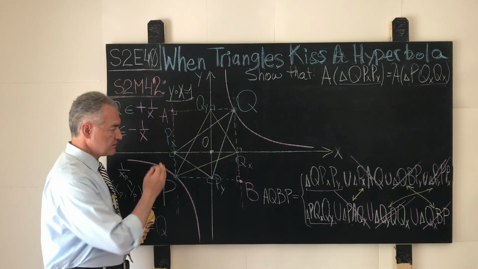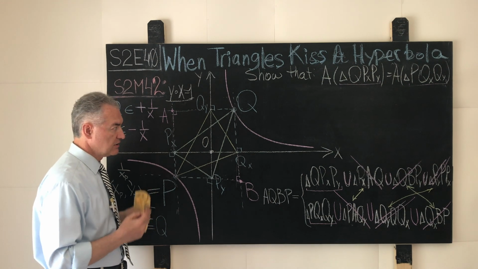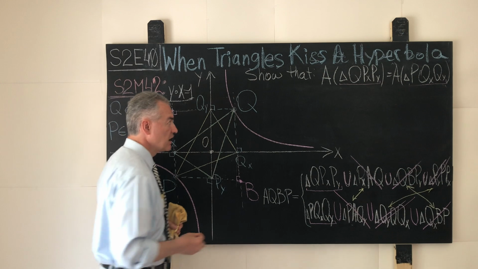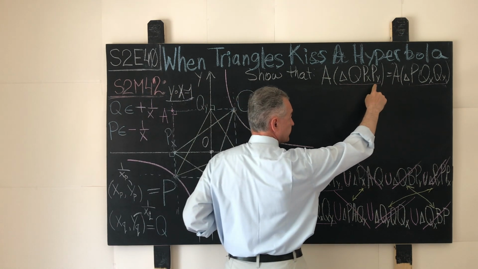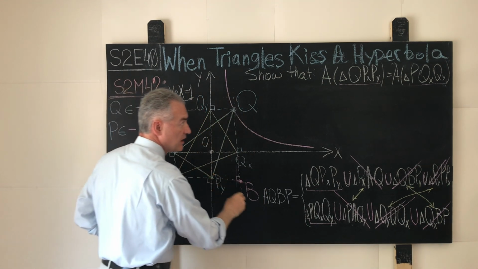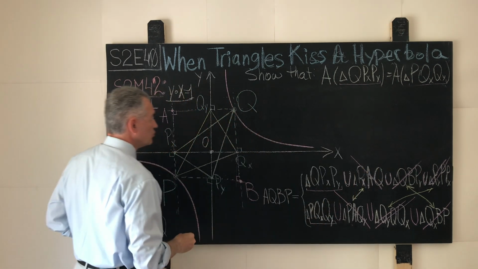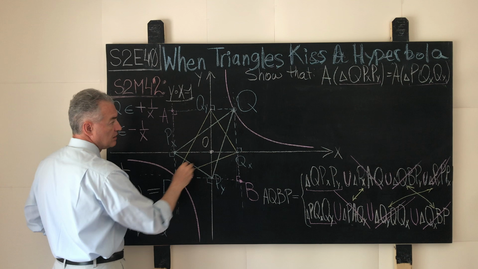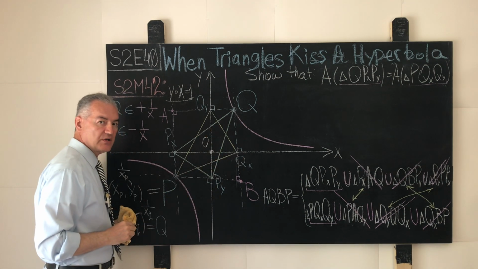Consequently, this proves with nothing but the proverbial and actual middle school arithmetic that the area of the triangle QPXPY is the same as the area of the triangle PQXQY. Where is it? P, QX, and QY. These two triangles have one and the same area.